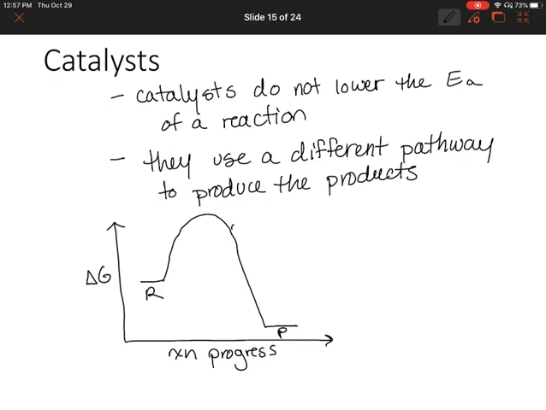So in our original path, let's say we just mix our reactants together, let it sit, and we wait a really, really long time for the reaction to progress because the activation energy is so high. Well, one way that we could speed up this reaction is to use a catalyst again. And again, the catalyst isn't necessarily lowering the activation energy. It's just using a different path to get to the products.